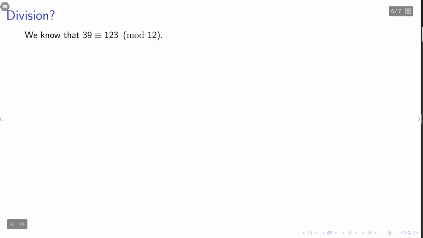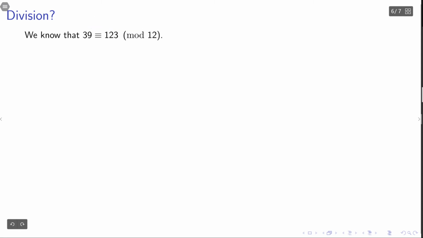Now, I just want to mention here that something weird happens when you try dividing both sides of a congruence. In fact, looking at this example, 39 is congruent to 123 modulo 12, because they both have remainder 3 when you divide by 12. So they're both in the same congruence class modulo 12.